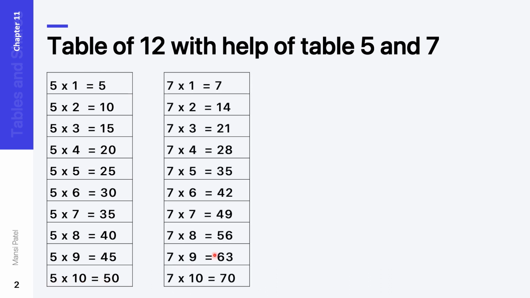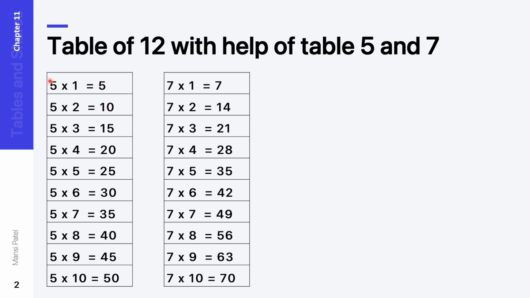Now we write down the table of 7. 7 ones are 7, 7 twos are 14, 7 threes are 21, 7 fours are 28, 7 fives are 35, 7 sixes are 42, 7 sevens are 49, 7 eights are 56, 7 nines are 63, and in the last 7 tens are 70.